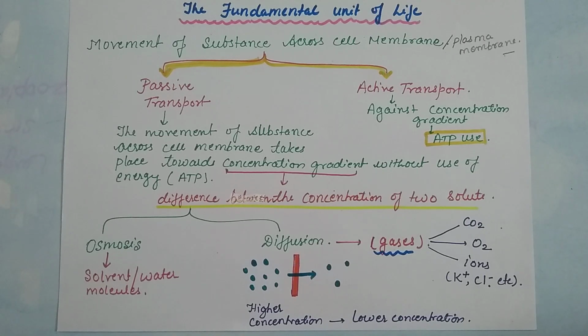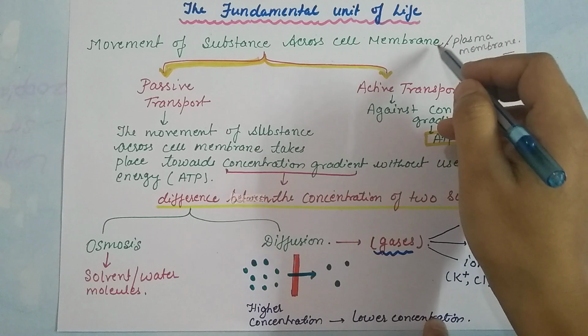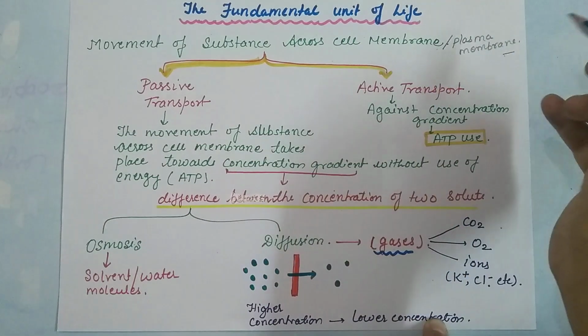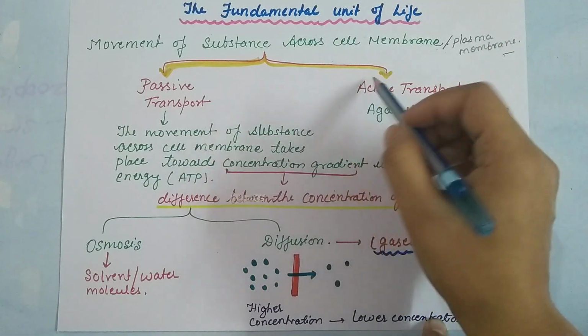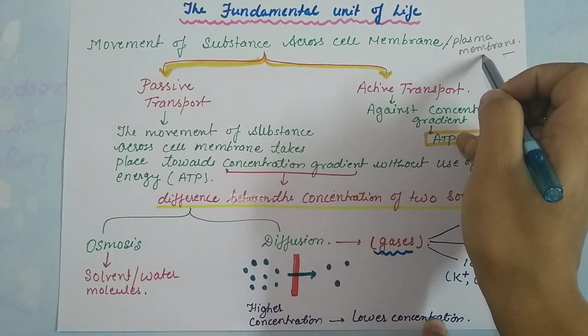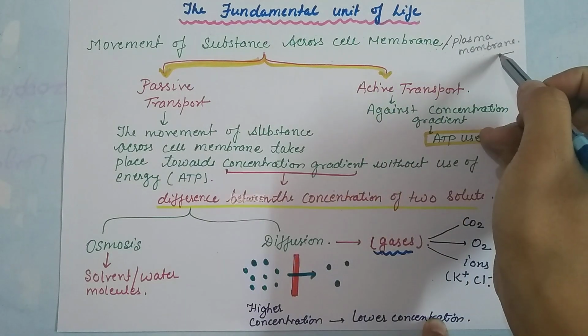So the plasma membrane plays an important role in the movement of substances across the cell. There are two ways by which the transportation of substances takes place.